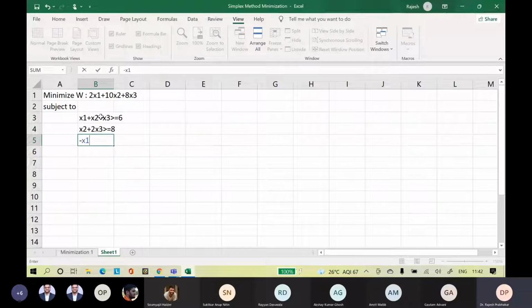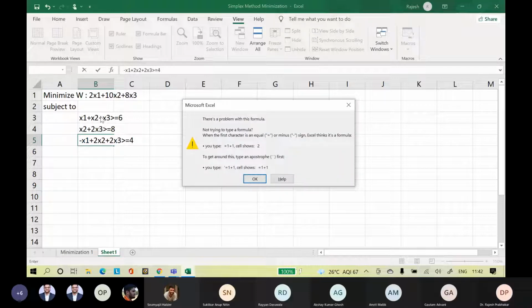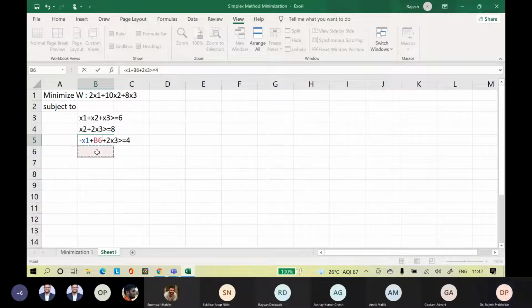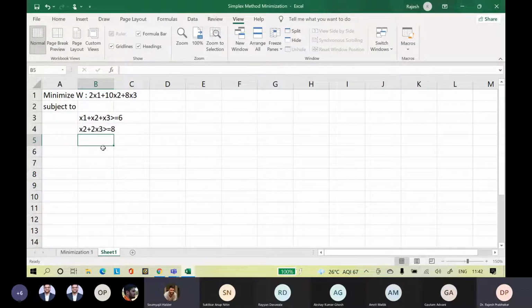minus x1 plus 2x2 plus 2x3 greater than or equal to 4. So it's becoming a formula actually.